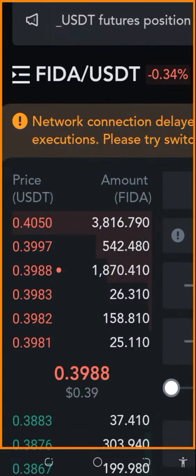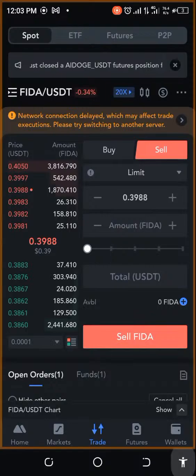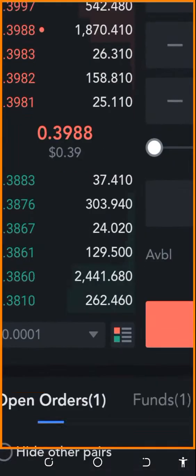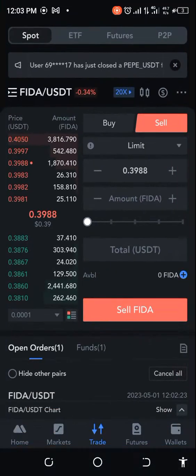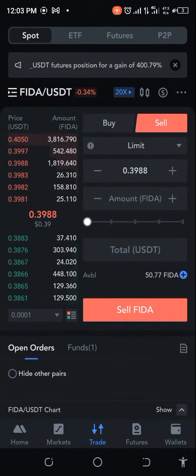You can see that 3988. But if I want to sell this off quickly, let me see what this is. This is 37. You can see that if I want to choose this particular price, it's going to show me. Let me cancel this and show you this. Okay, so I've canceled that.